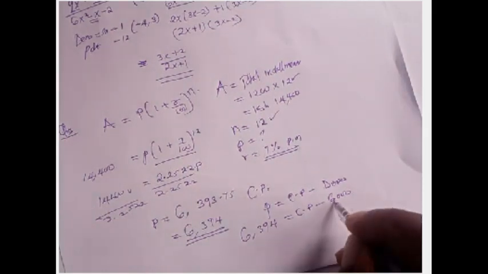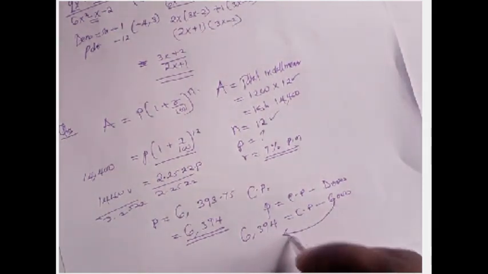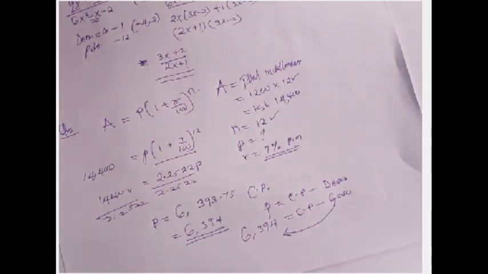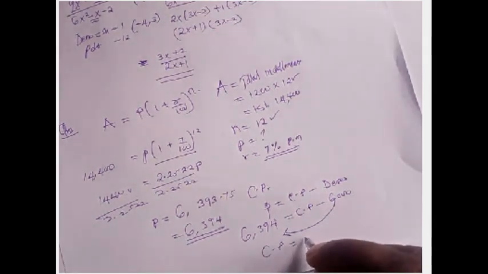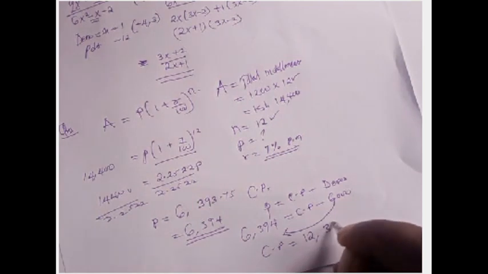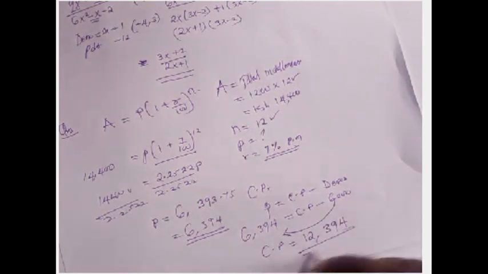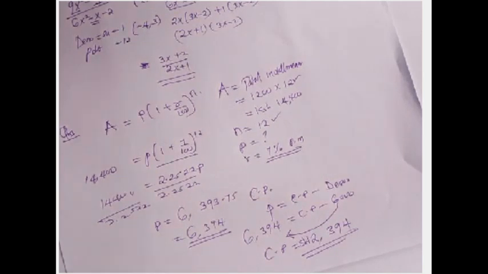Adding 6,000 to both sides, we get cash price as equal to 12,394 Kenya shillings. That is the response to question 3. Now we move to question 4.